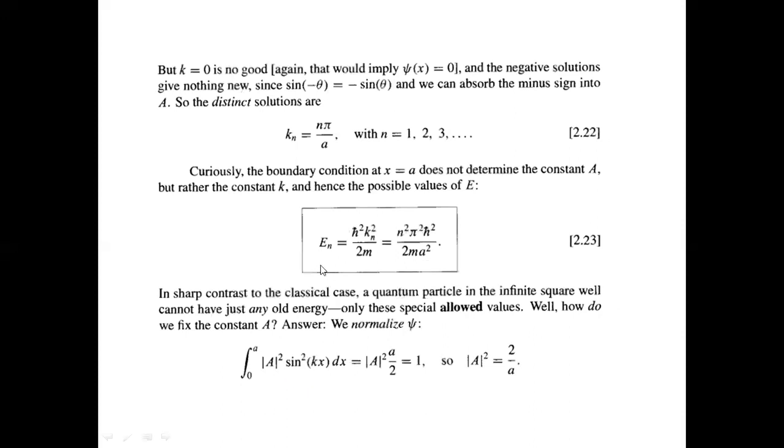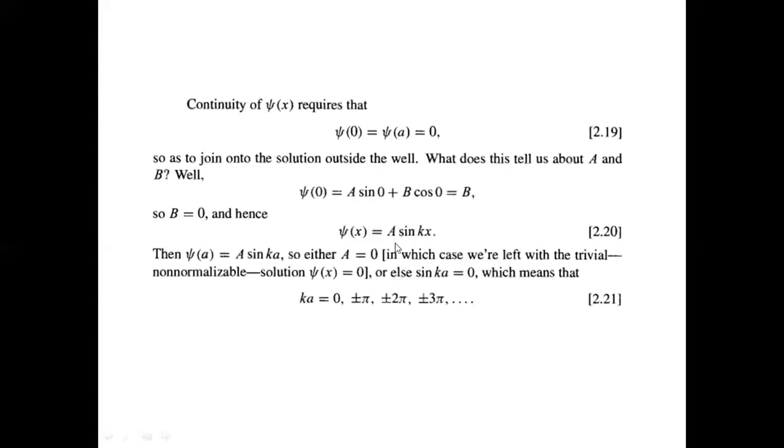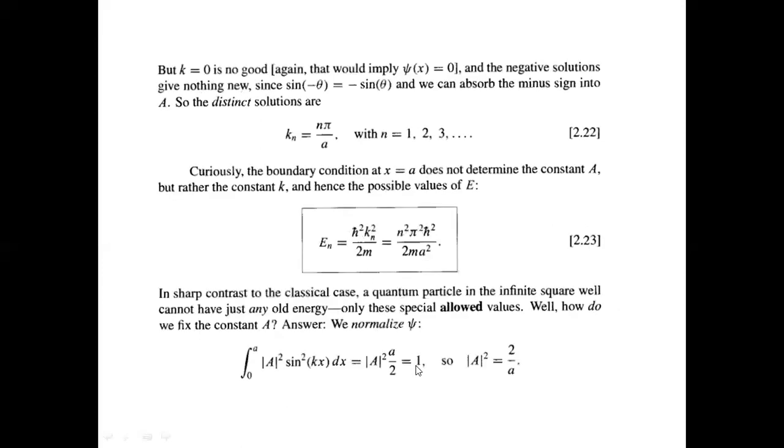This has to be normalized to 1, so you take the square of this function and set it equal to 1, and find what the value of A should be. The constant is found using the normalization condition. It is found to be the square root of 2 by a.